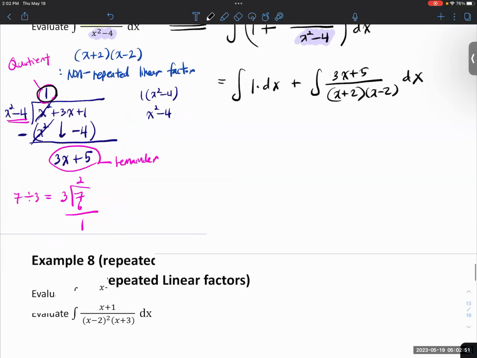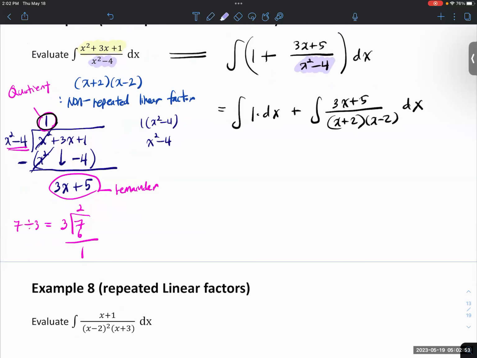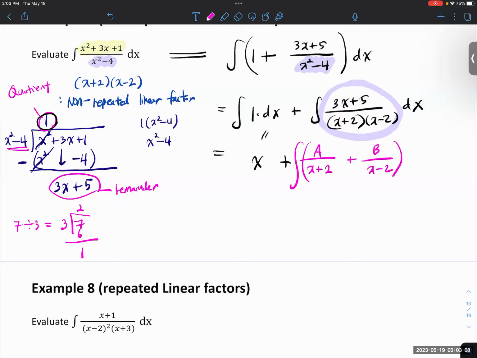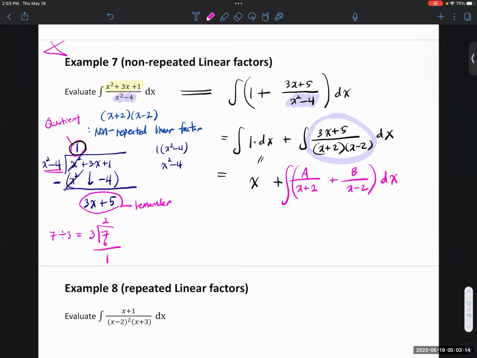I'm going to find the partial fraction of this. So it is going to be x plus a over x plus 2, plus b over x minus 2. These are the partial fraction form of that complicated fraction. You okay with that? So this is a little bit challenging question. Think about it.